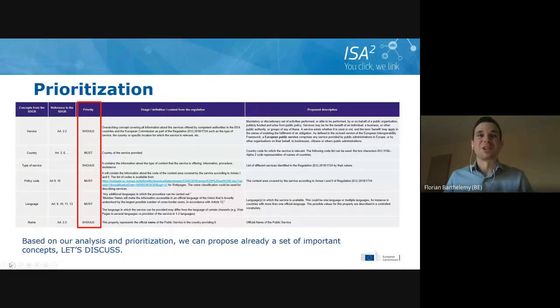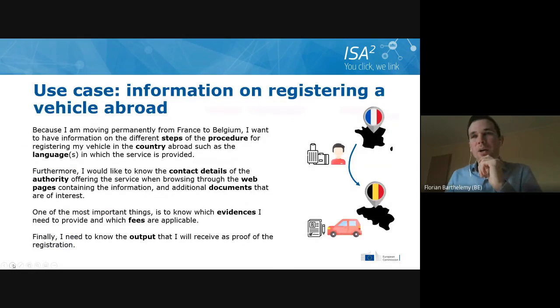And of course, this is not written black on white, meaning that if you have comments or questions about this, feel free to say so. But basically we start from there today and discuss it further.